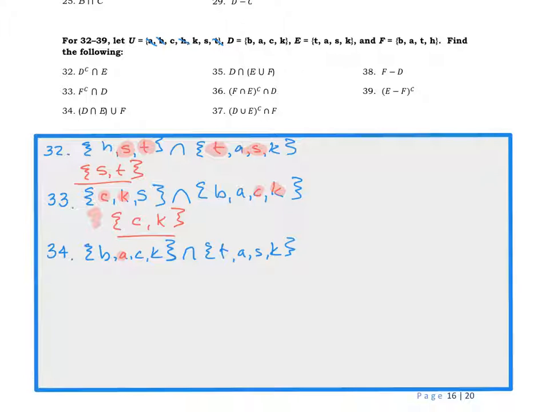Looks like we have an A and a K. So I'm just going to leave that for now, just the A and the K. And then union F. So F has elements B, A, T, and H. So my answer on that one will be A, K, and then B, and then the T, and then the H.